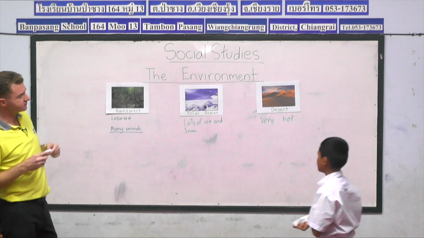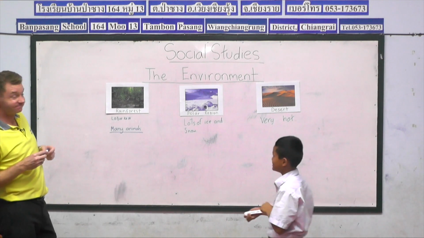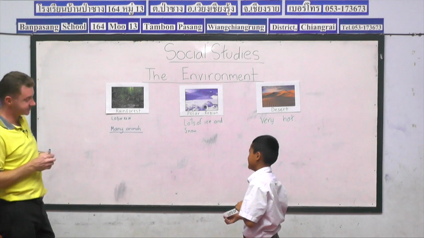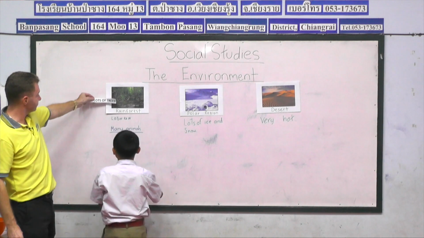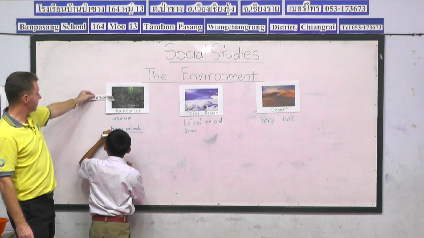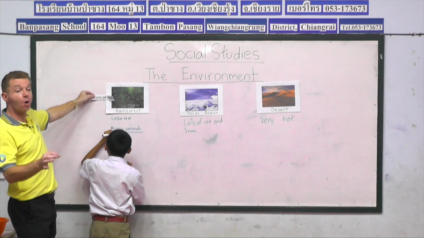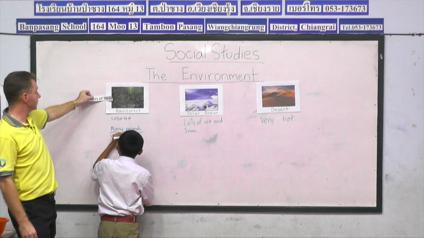In the desert? No? In the polar region? Rainforest? Yes. So Chew, you can write the vocabulary lots of. L-O-T-S, of, O-F, T-R.